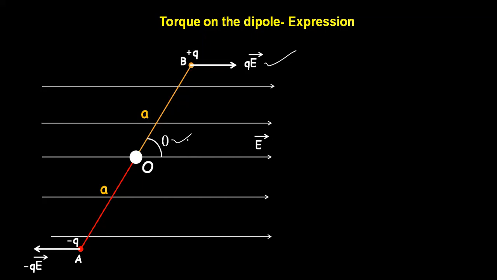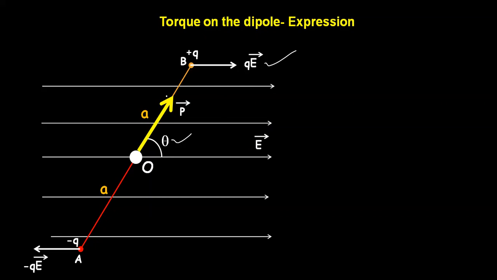Okay, right. Now you have to see this theta from two points of view. From one point of view, it is the angle between the axis of the dipole and the electric field, number one. And the second viewpoint: a dipole moment p vector always acts from minus q to plus q. Q into 2a, the product of charge and length of the dipole, is called the dipole moment, and its direction is from minus q to plus q.